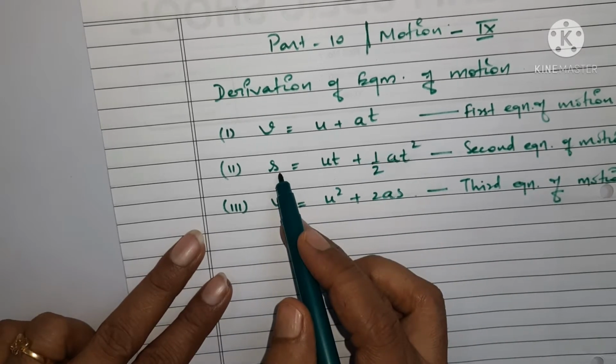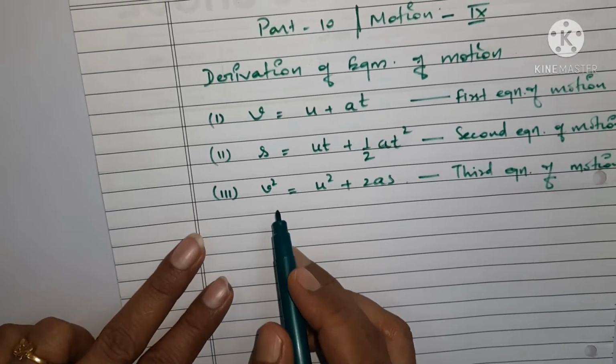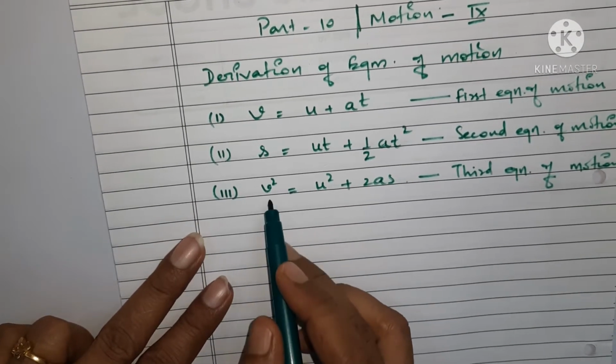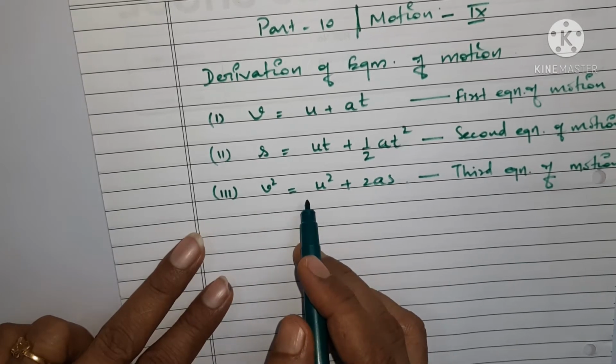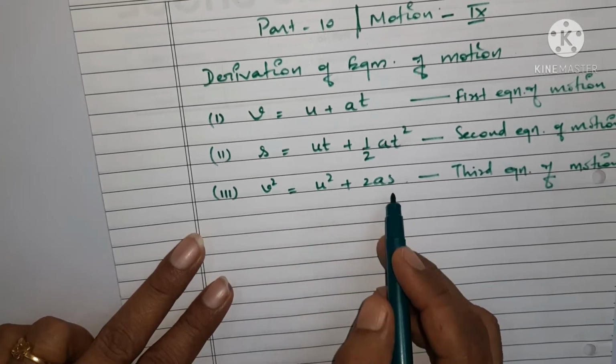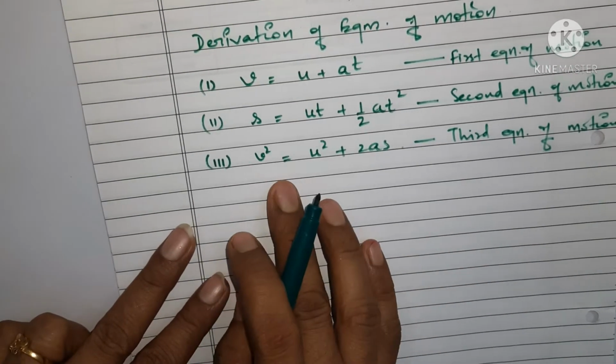In this case, this equation provides you the velocity acquired by a body when it travels a distance of s. Now we have done this.